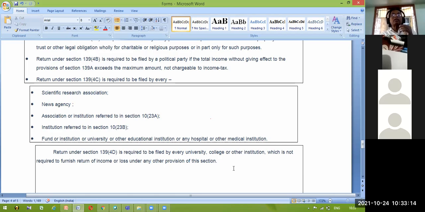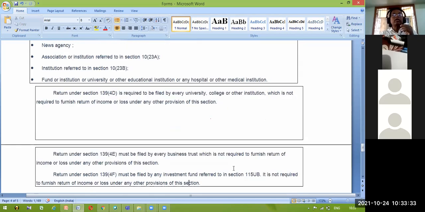Return under section 139(4D). What is 4D? It is required to be filed by every university, college or other institution which is not required to furnish return of income or loss under any other provision of this section. So mostly it is coming under universities, colleges, etc. And what is section 139(4E)?